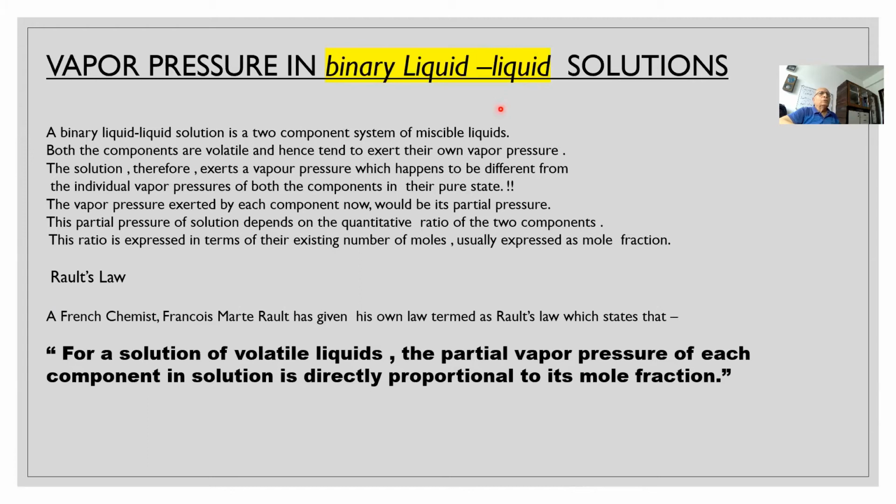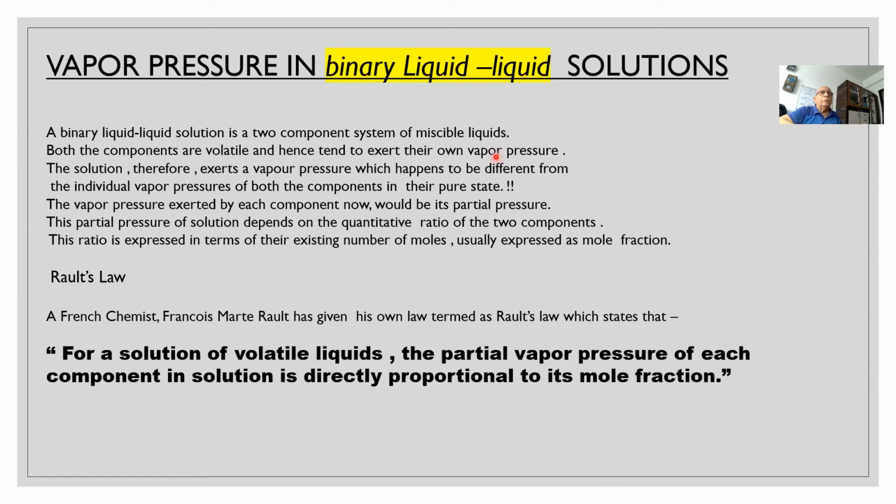What will happen to the vapor pressure? Actually, the vapor pressure of the solution, which itself is a liquid and contains two components, both liquids having different boiling points or different vapor pressures. So the vapor pressure of the liquid solution is not the same as that of the pure liquids.